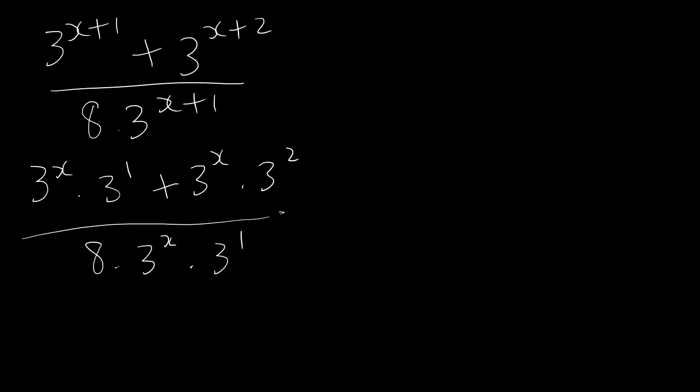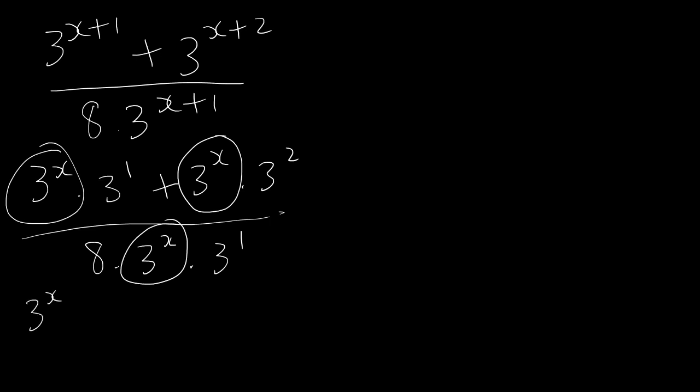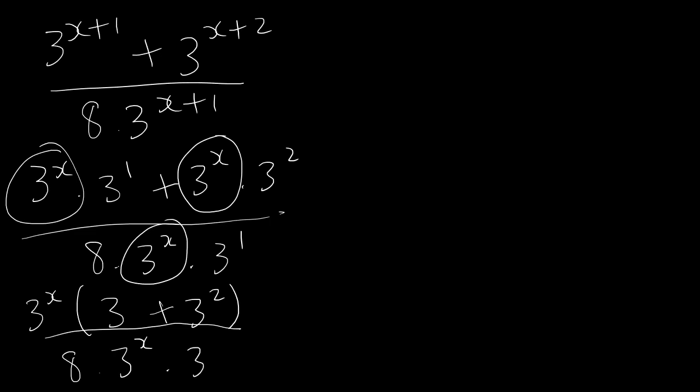So you can see that 3^x is common, right? It's here and here, and 3^x is at the bottom. So let's pull this out and cancel them. So we have 3^x, and let's write whatever's the remainder. It's 3^1, which is 3, plus 3 squared, all over 8 times 3^x times 3.